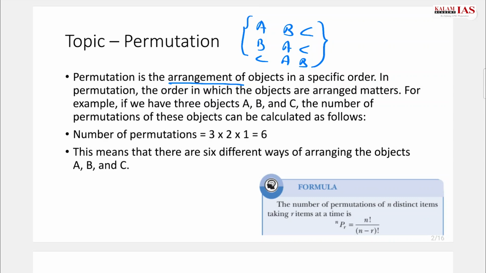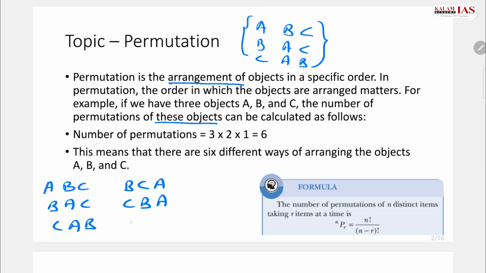For example, as we see three objects A, B, C, let's calculate the number of permutations possible. A, B, C, then B, A, C, then C, A, B, then B, C, A, then C, B, A, then, which one is left?